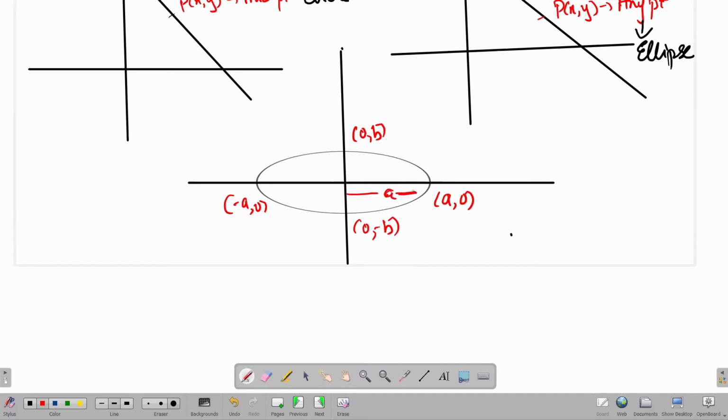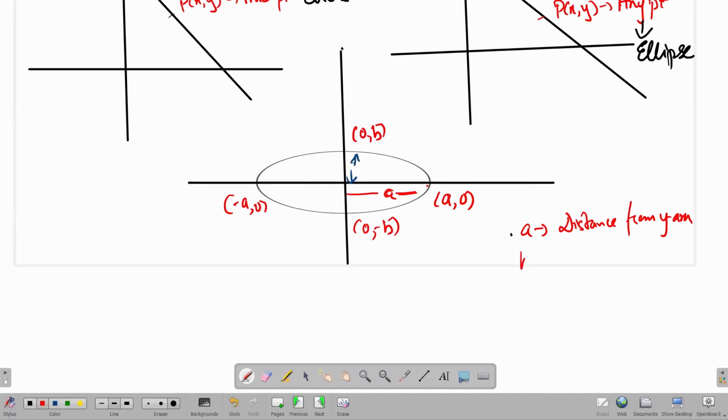And how do we read this? This is the distance of this point from the y-axis. So A is the distance from the y-axis. And what next? This B is what? The distance of this point from the x-axis.